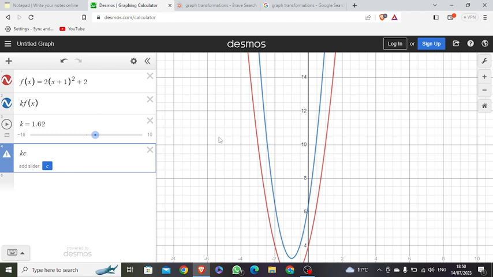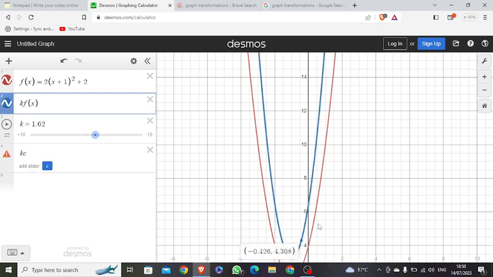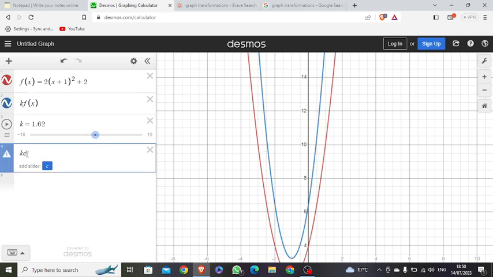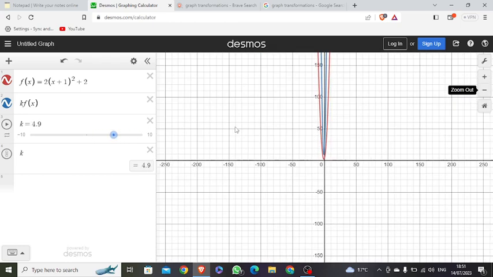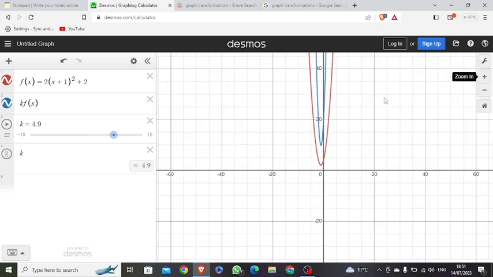That makes the intercept go up by c units, and if it's greater than 1, it stretches by a factor of c, which we should try and see.